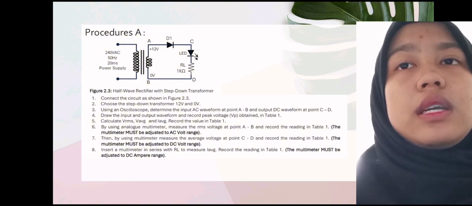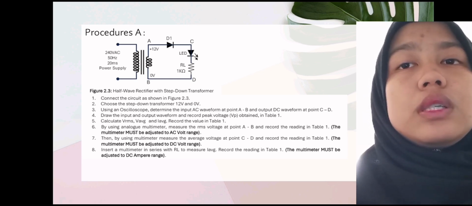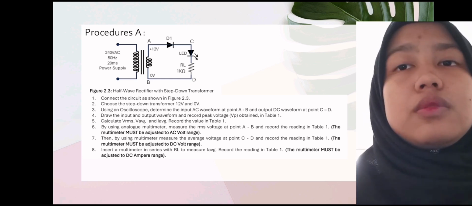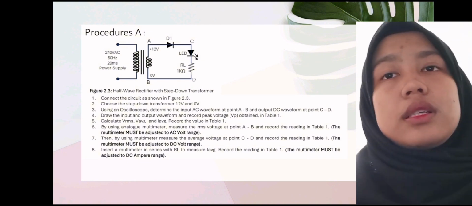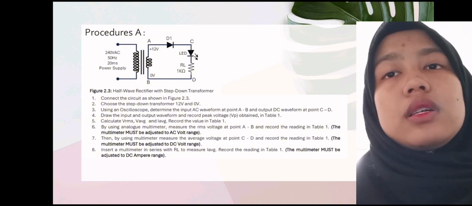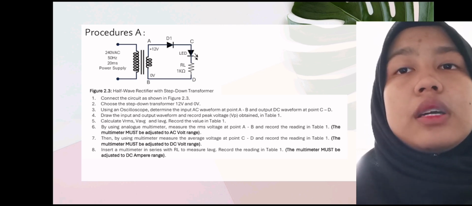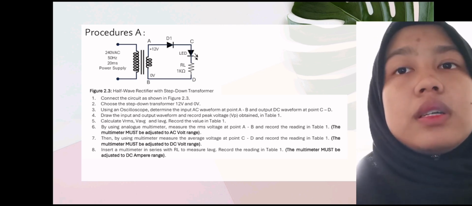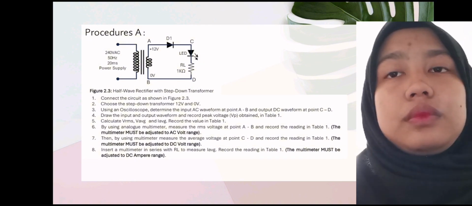Here we can see how to connect it and how to do the circuit. First of all, we need to connect the circuit as in figure 3.2. After that, we need to choose the step-down transformer at 12 and 0 volt.